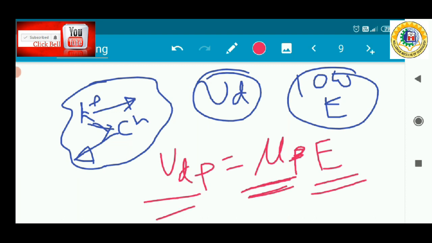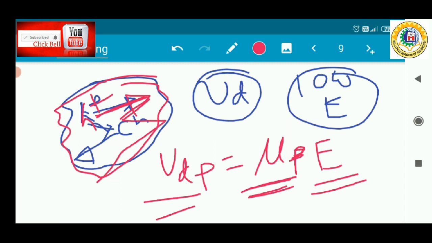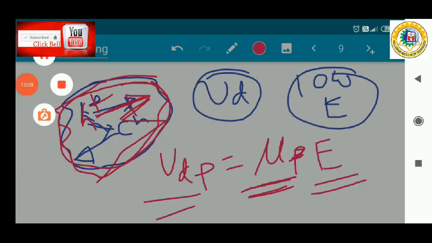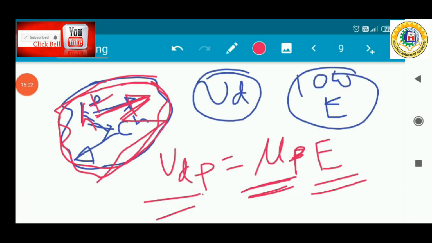Why does this equation come? Because the hole is not moving linearly, it is always encountering collisions. It will collide, again try to move with a velocity, again collide, again try to move with a velocity. So we get an average drift velocity, and it has been found that this average drift velocity is equal to mobility into electric field.